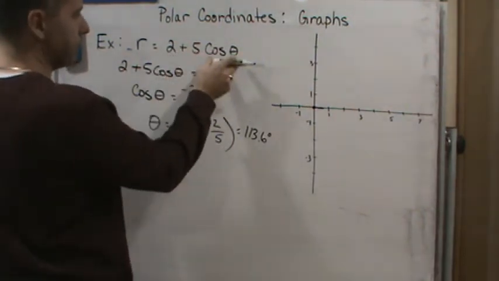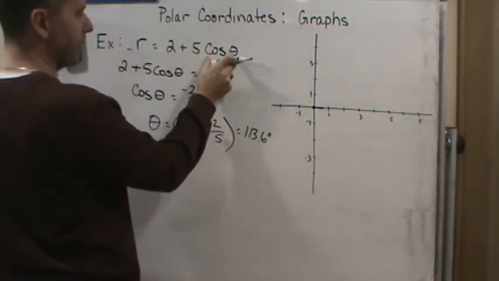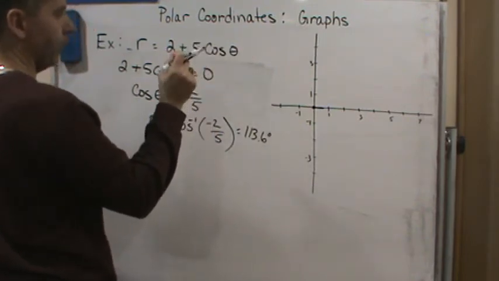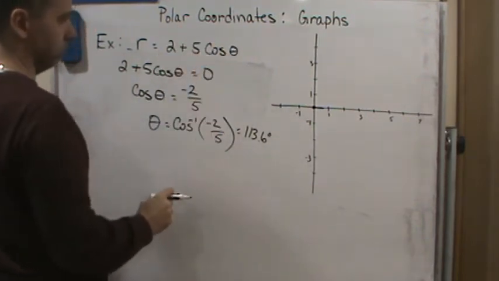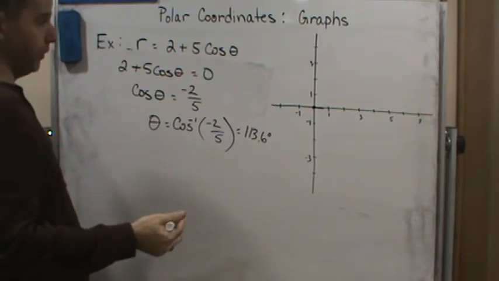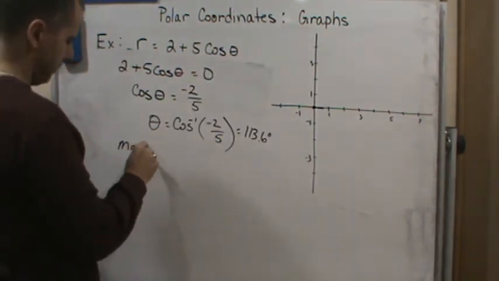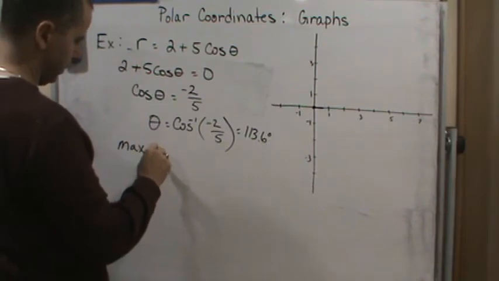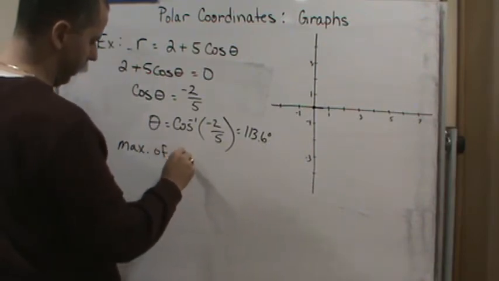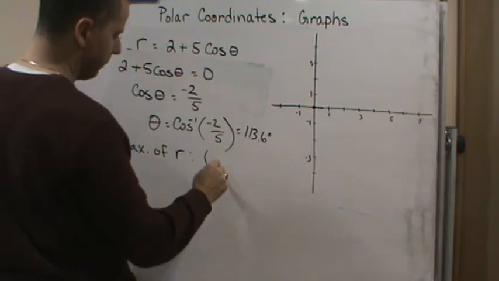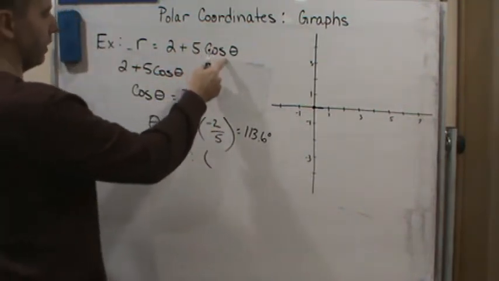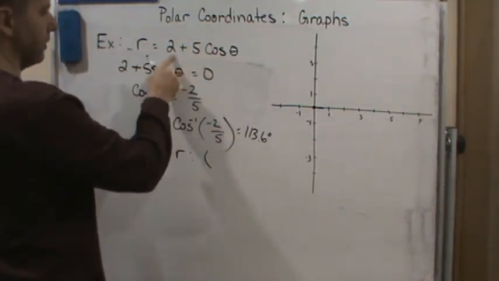This is a plus, so the maximum value is going to happen when cosine is 1, which happens when theta is 0. The maximum of r, the radius, is going to happen when theta is 0, and when theta is 0, cosine is 1, so that's going to be 7.